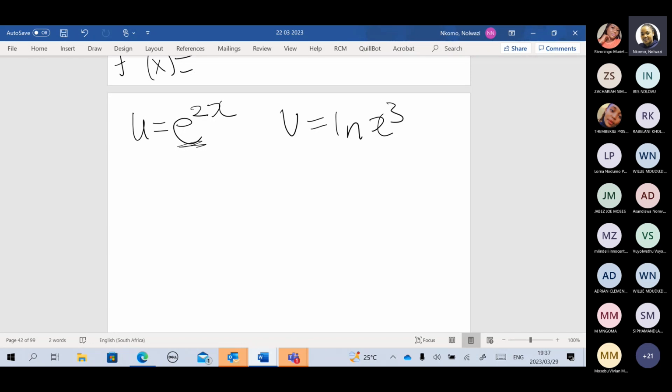I'll let the inner function be w, so w equals 2x. And the outer function I'll call z, so z equals e to the power w.